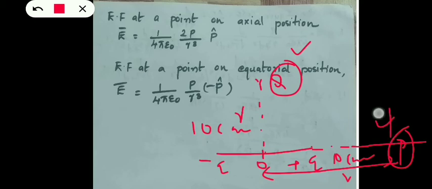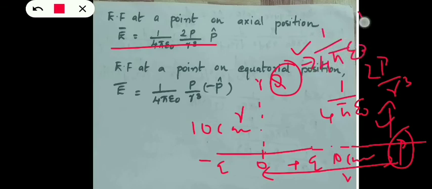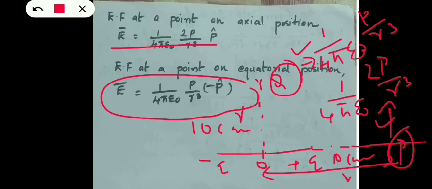Because at P the electric field intensity is 1 by 4 pi epsilon naught into 2p by r cube, the expression for the axial position. And at the point Q, the expression is 1 by 4 pi epsilon naught just p by r cube, the expression for the equatorial position.